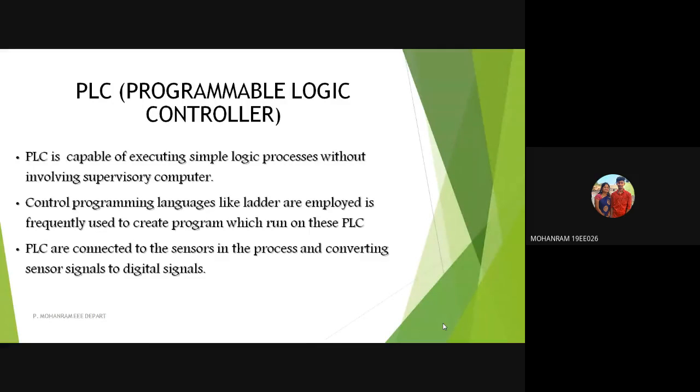As it resembles a ladder, the language is called ladder language, and 81% of the global market uses ladder language. It is so efficient in programming. Other languages used in PLCs are sequential function charts, function block diagram, structured text, and instruction list. These are the other languages used apart from ladder in PLCs.